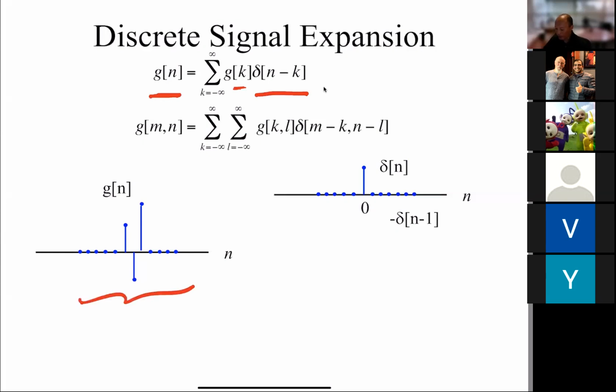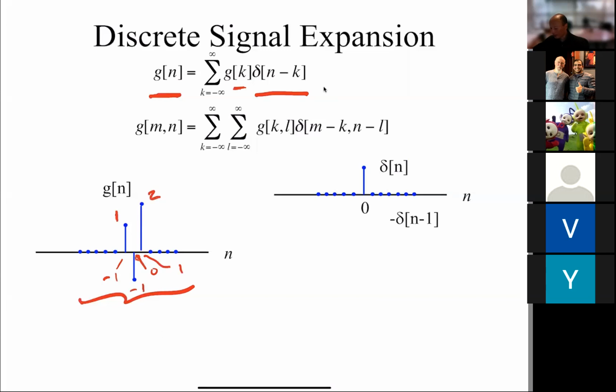This is my function g of n. It has a value of -1 at the origin, it has a value of 1 and -1 and a value of 2 here. Okay, so this is the origin 0, this is at -1 and this is at 1. I've drawn it as just a bunch of discrete lines here, and it's not too hard to see that you could write that as a sum of separate Kronecker delta functions.